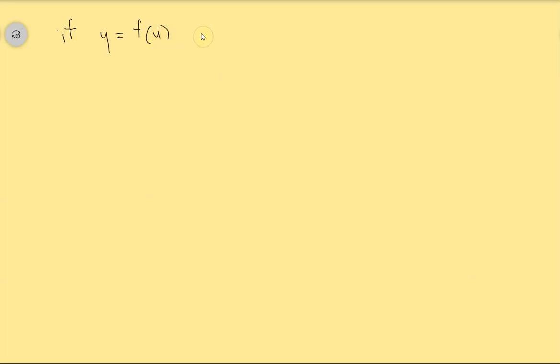And let me write where u is a function of x. Now I use x in this case, but basically it could be any variable.